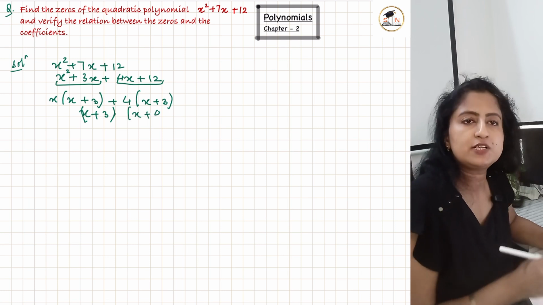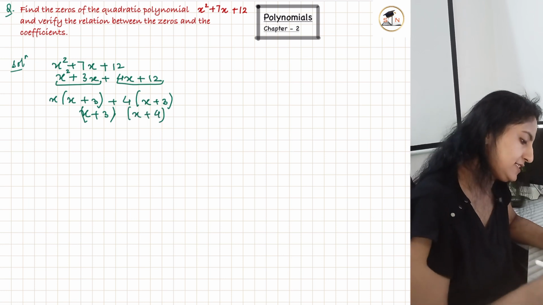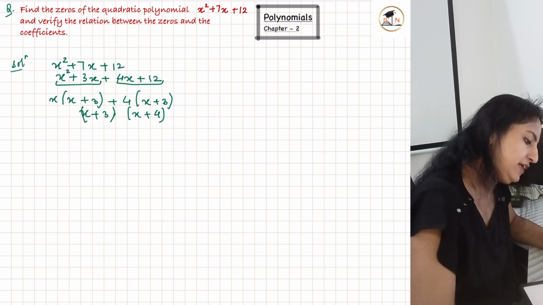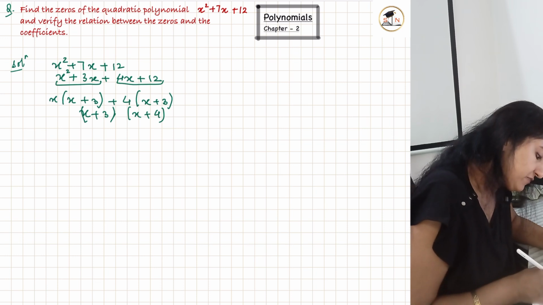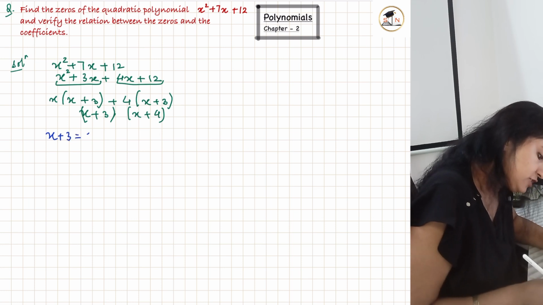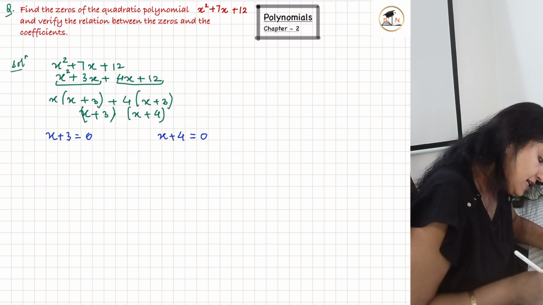Now, these are just the factors. We have to solve for x, and in order to do that, we need to equate each of the factors with 0. So x plus 3 equals 0 and x plus 4 equals 0. This gives me x equals negative 3 and x equals negative 4.